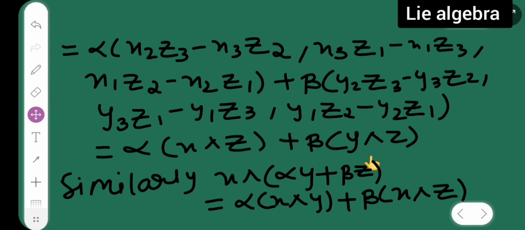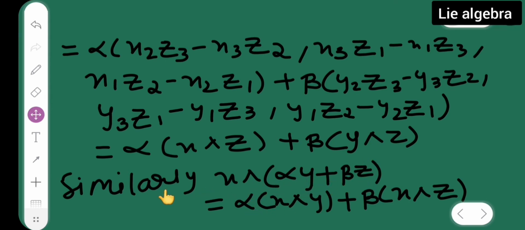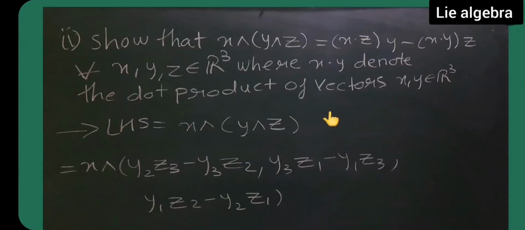So similarly, for x cap alpha y plus beta z, you will have to do the same way how I told you all, and then I will get alpha x cap y plus beta x cap z. This is my exercise 1.2 second one.